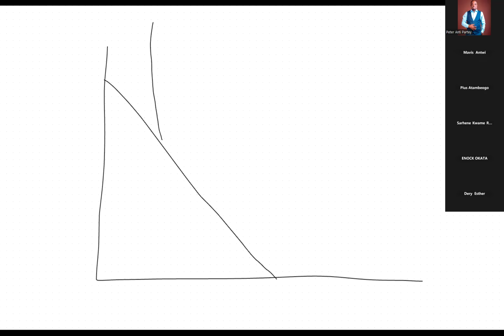So we are saying that this is the point of equilibrium. The point of equilibrium is the point where the consumer's indifference curve is tangential to the consumer's budget line. So where the consumer's budget line is tangential to the indifference curve is where the individual is said to be in equilibrium.